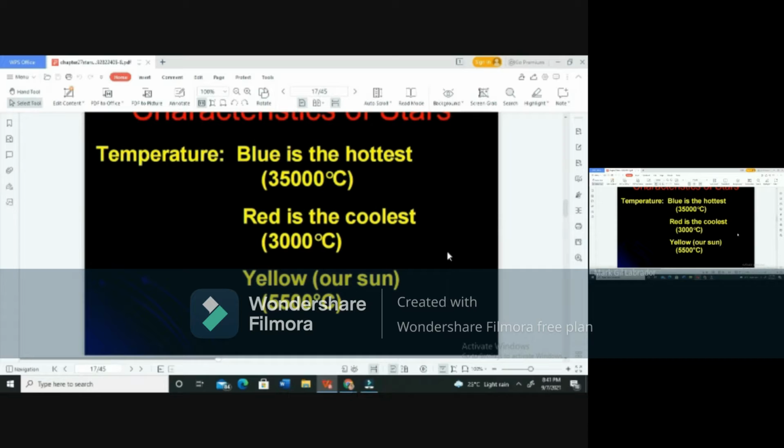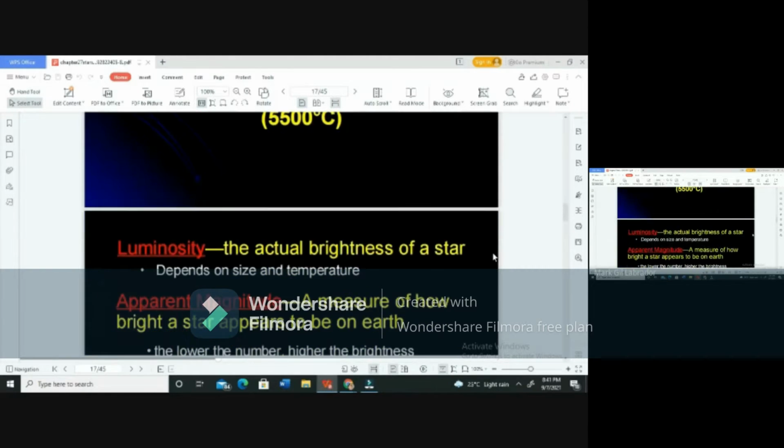And yellow, which is our sun, is 5,500 degrees Celsius. So, mainit din talaga pala si sun. Kaya pala sun can sustain, it gives light, gives life to the earth. So, sun is very important.